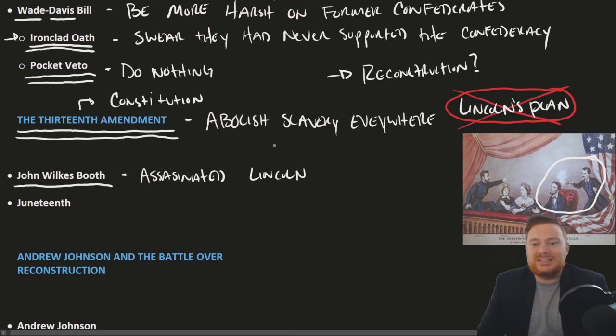The Constitution is the rule book, so it would be written there. And that was something that was in the process of being passed while Lincoln was still alive. I don't think that Lincoln even got to see the ratification of the 13th Amendment, that slavery was abolished everywhere.